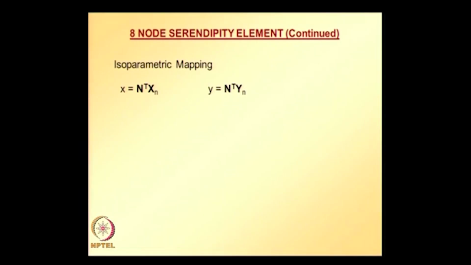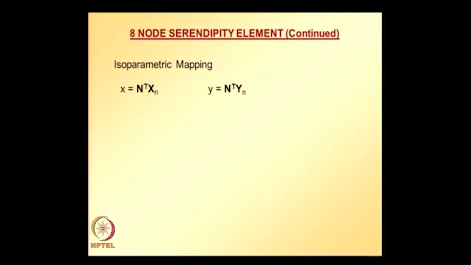So, this is how isoparametric mapping can be performed, which is similar to the 4 node quadrilateral element, except that the shape function vector now involves 8 shape functions n1 to n8, xn involves the x coordinates of all 8 nodes, similarly yn involves the y coordinates of all 8 nodes.